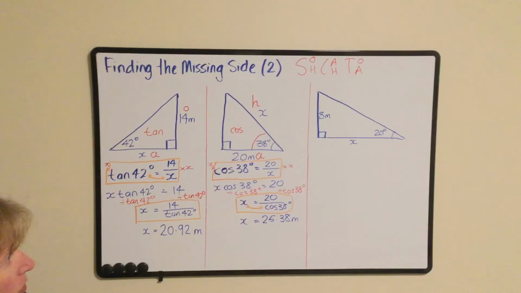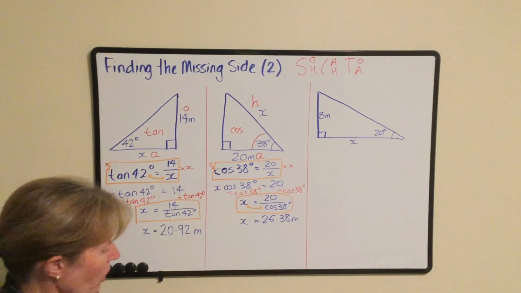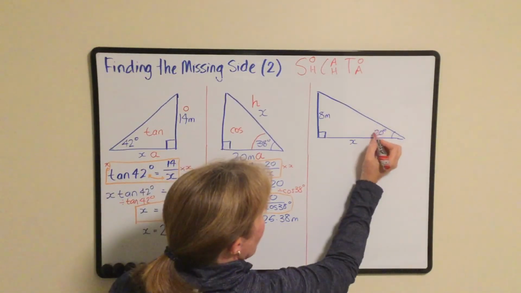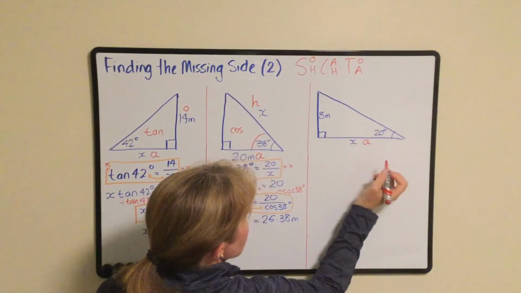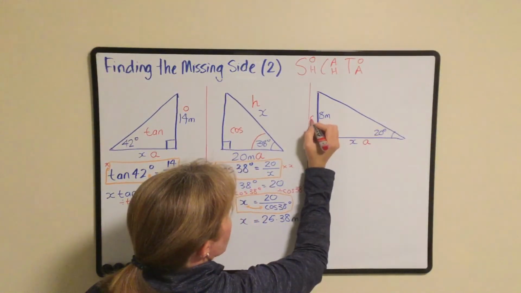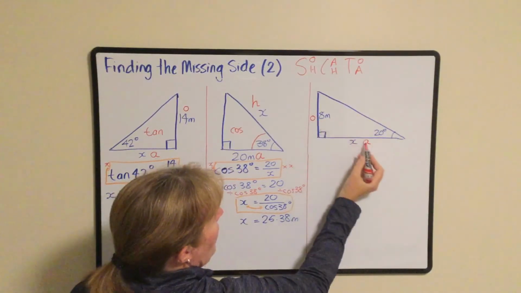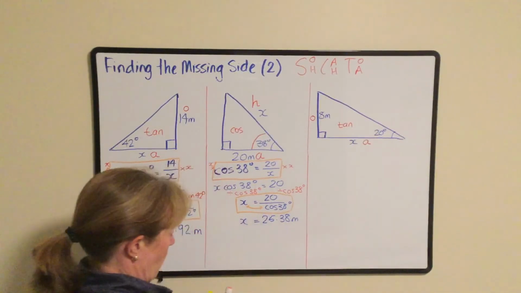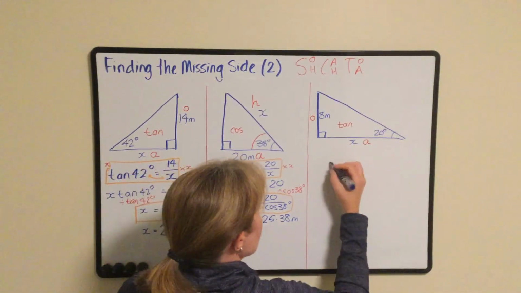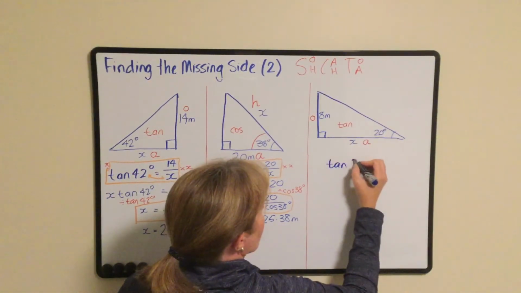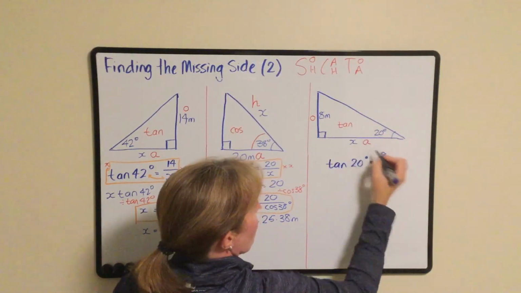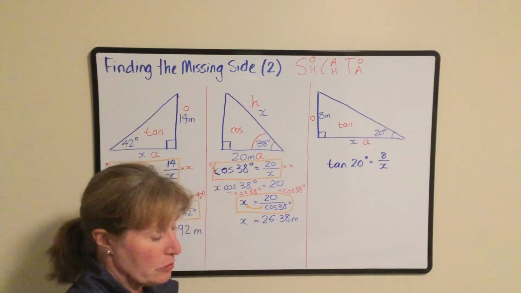So let's try the third one. We've got our angle here. We're interested in the adjacent, and we've got the opposite over here. So O and A is going to be a tan question. So my working out will be tan of 20 degrees is equal to the opposite, which is 8, over the adjacent, which is x. I can use my cheat now.